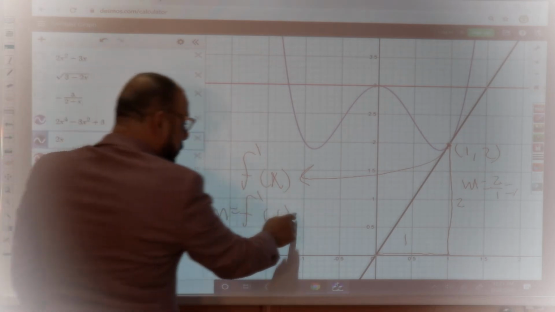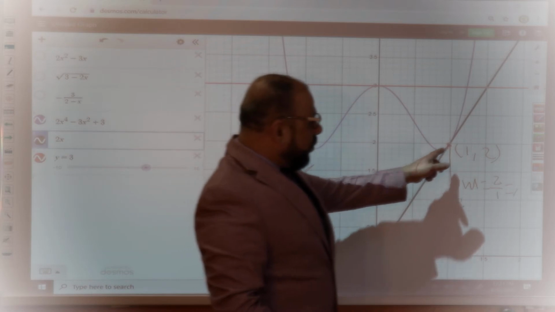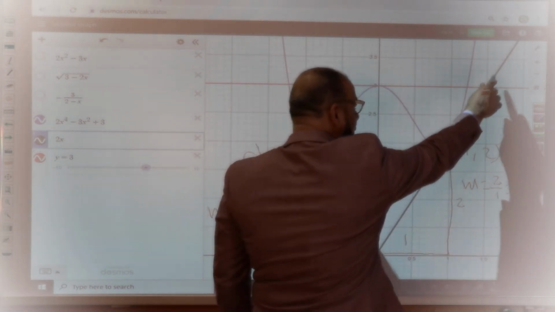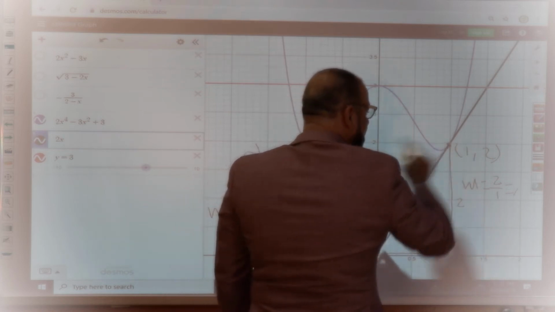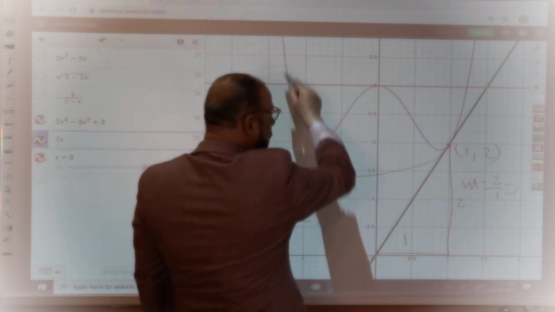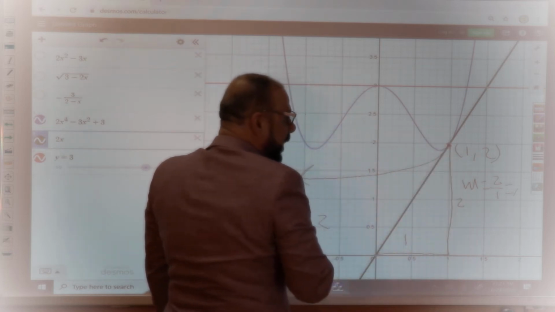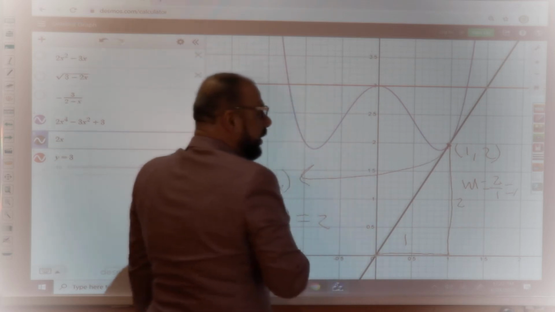And that equals 2, directly from the graph. If the teacher asks you, you find the slope of the tangent line. This black line is a tangent line at the point where it touches the blue curve at one point, which is 1.